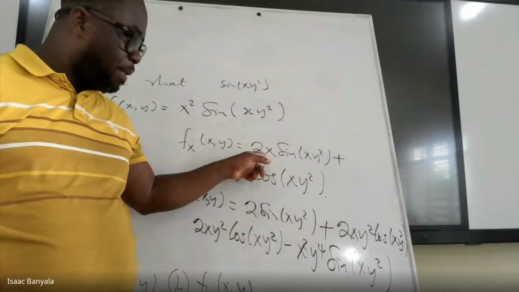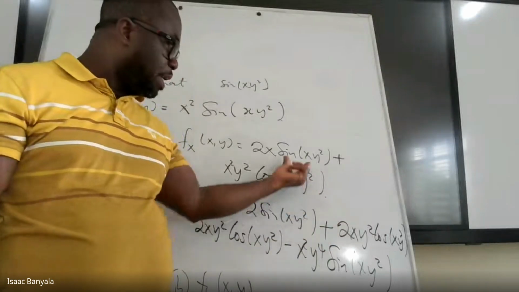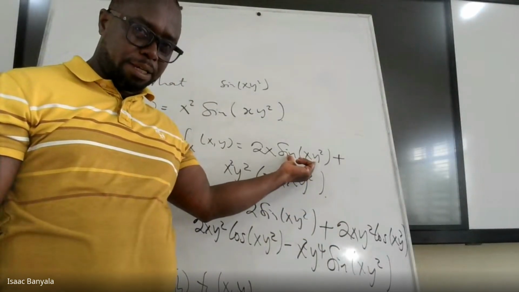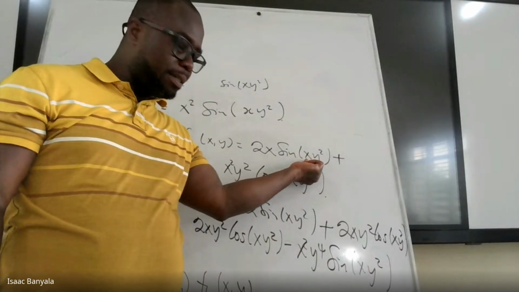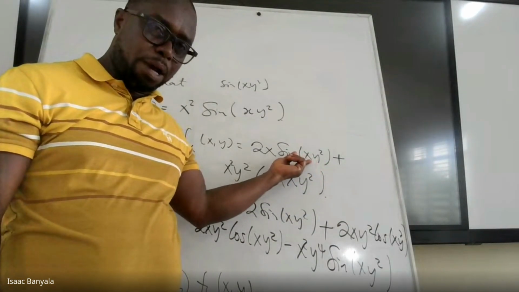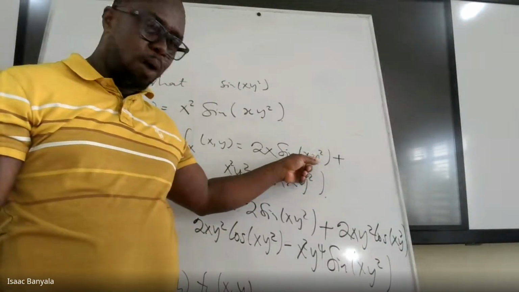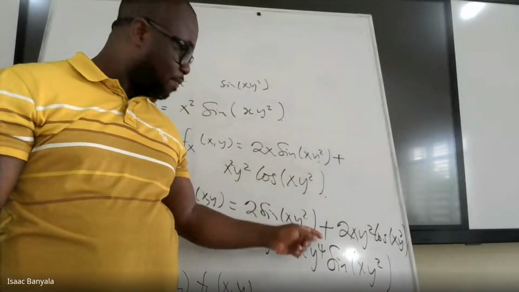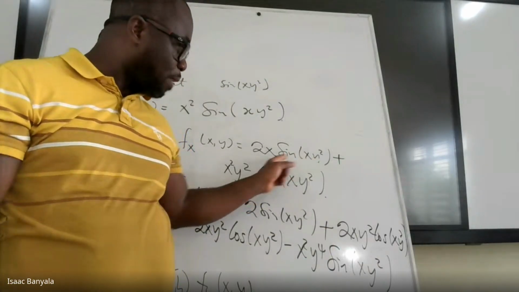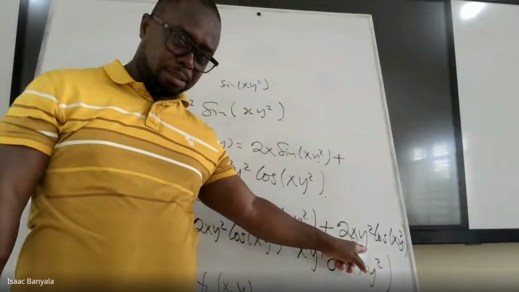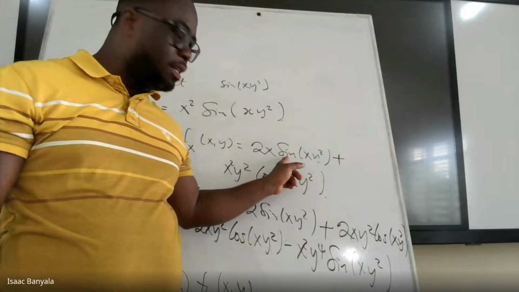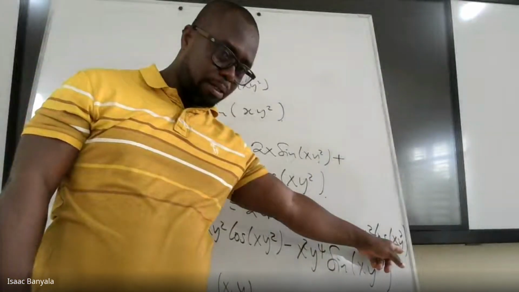Then we keep this one as our constant and differentiate whatever is here with respect to x. Now, whatever is inside is x y squared. So if we differentiate this, we get y squared. The x will go. So we multiply that y squared by this. And the sine changes to cos. So we have that one.